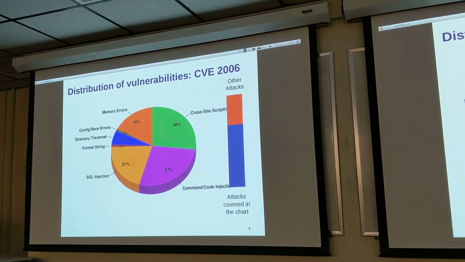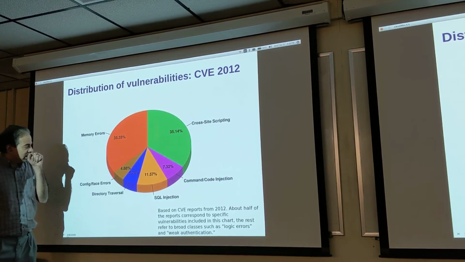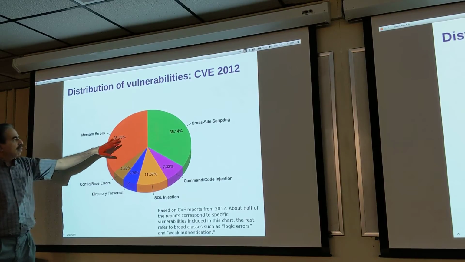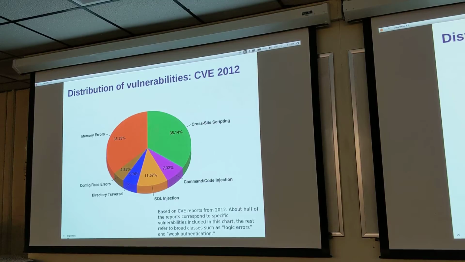This continued for a while. But by 2012, people had figured out how to carry out memory corruption exploits in spite of these defenses. And so you see that this share of the pie has expanded.